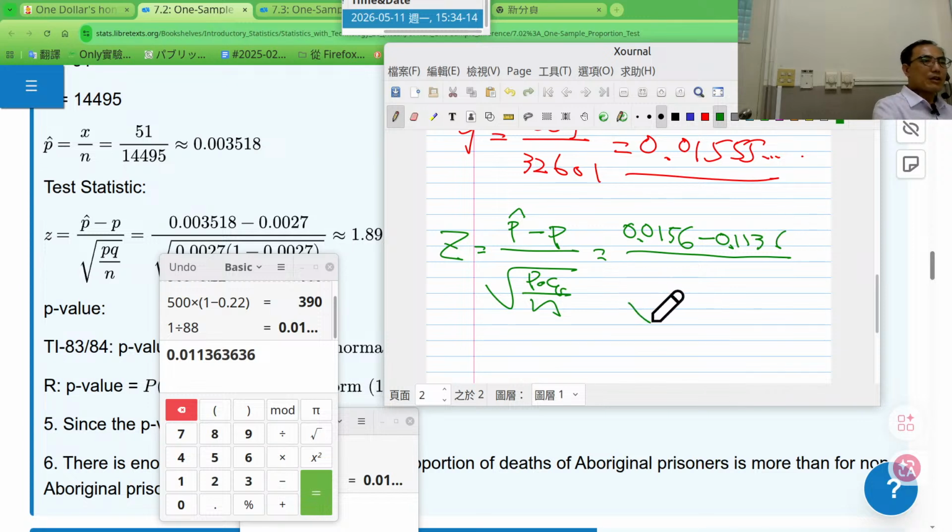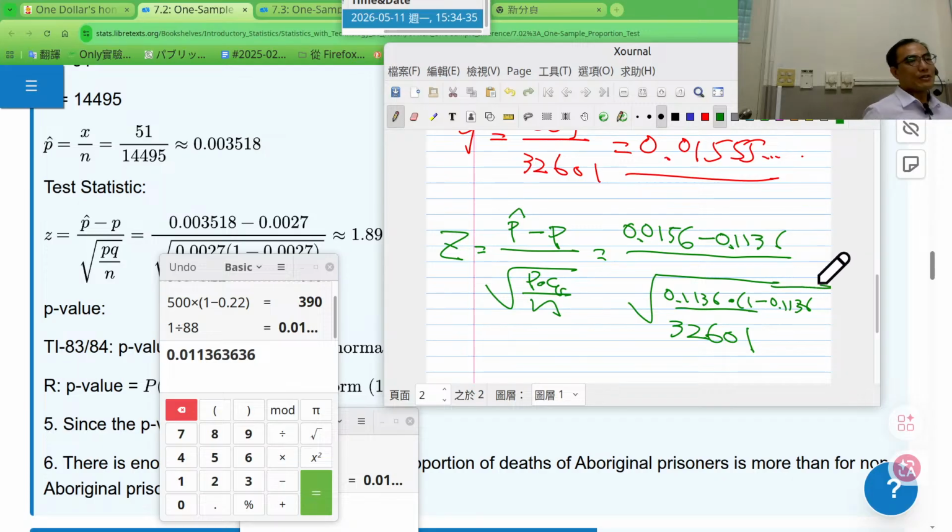And the square root of the number 32,601, the p, 0.1136 times 1 minus 0.1136. Is it okay for you?